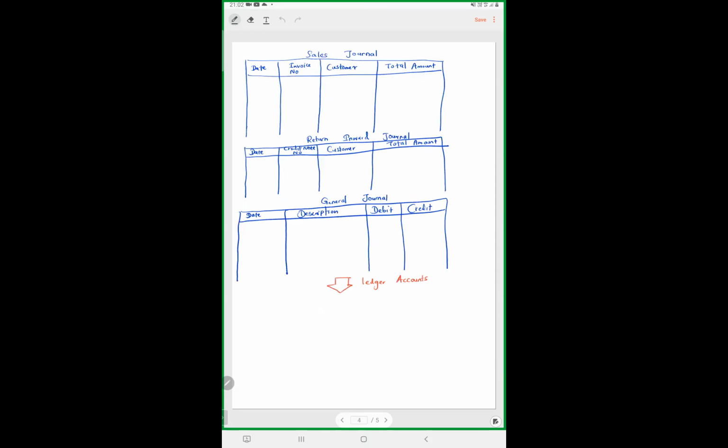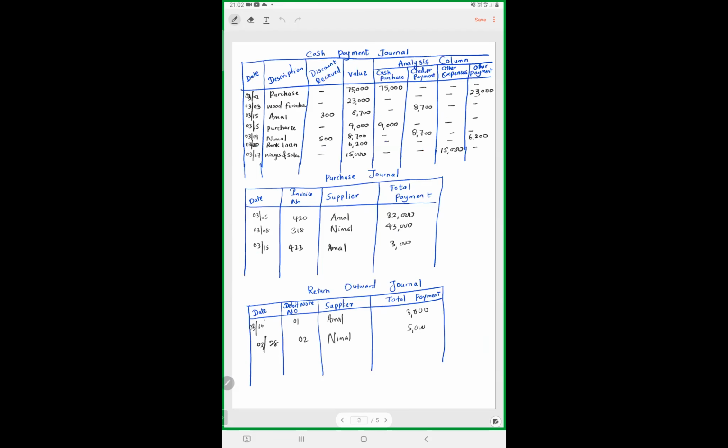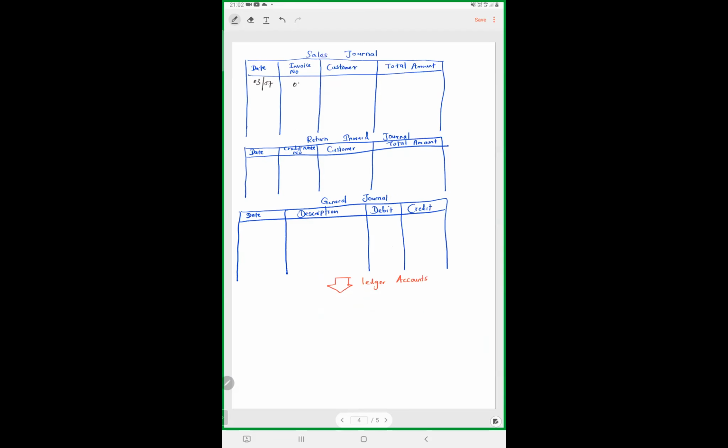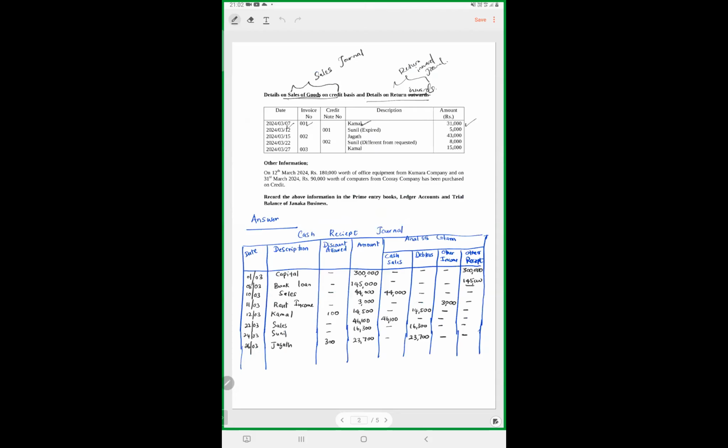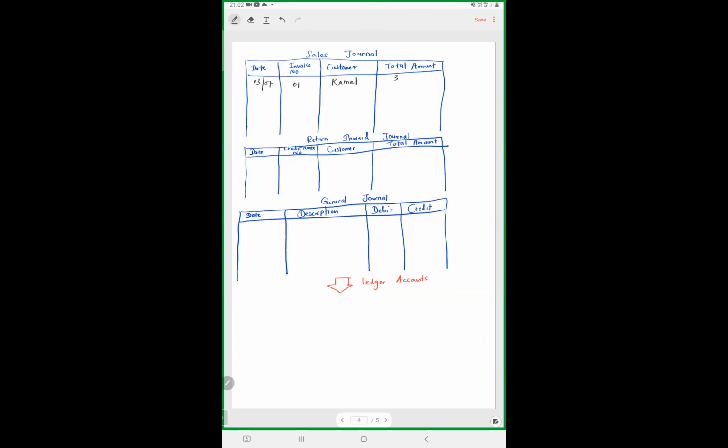So then sales journal, date, invoice number 1, customer is Kamal. The amount is 31,000.